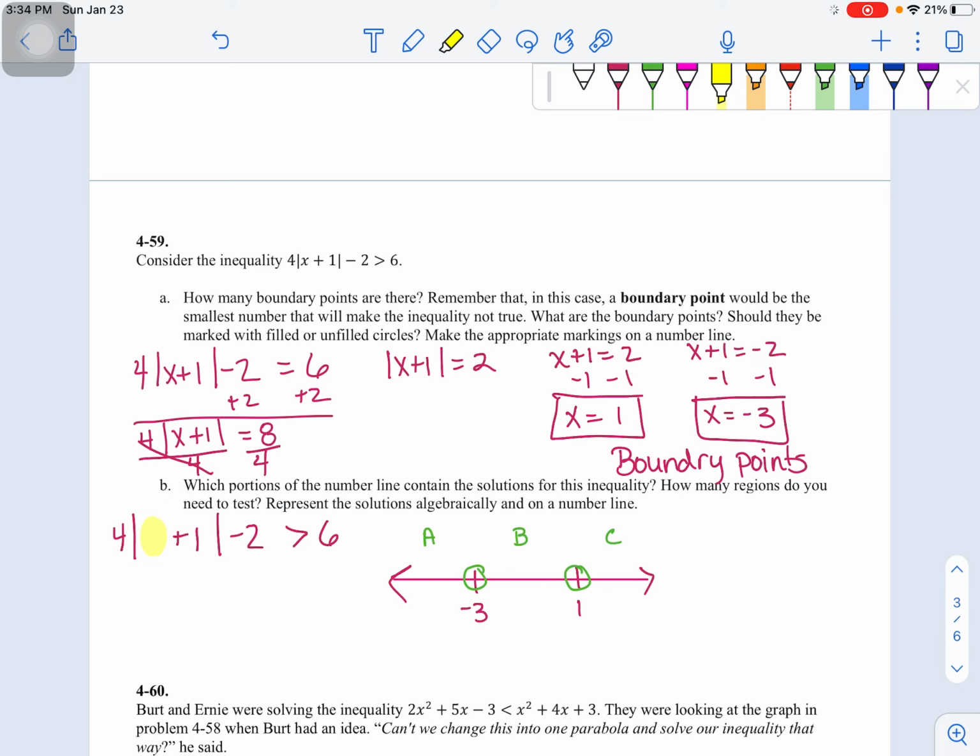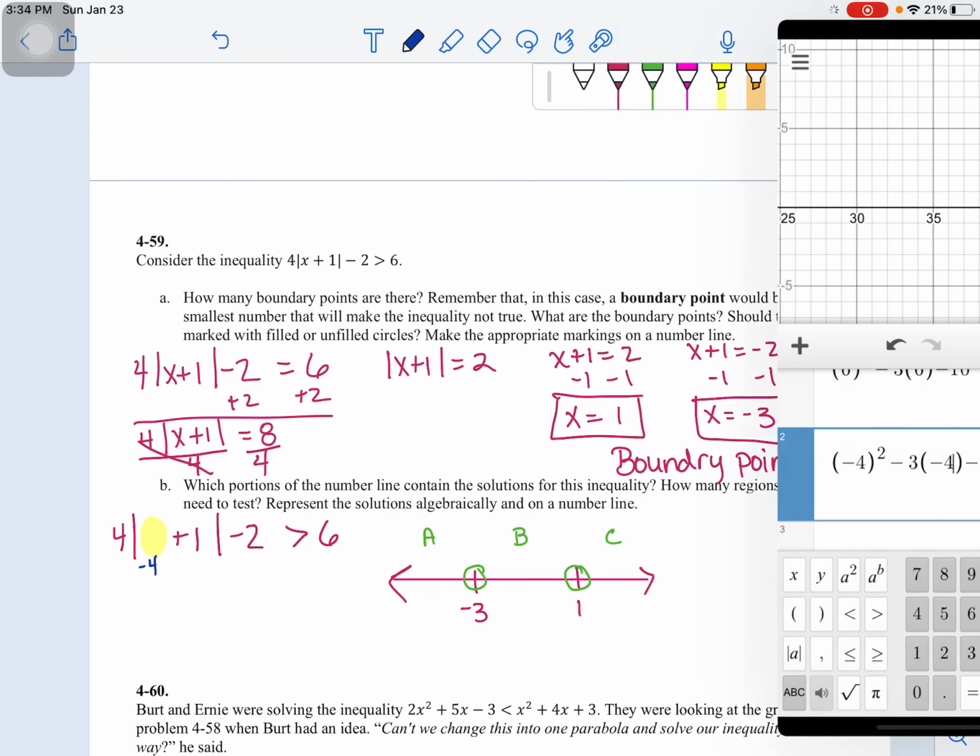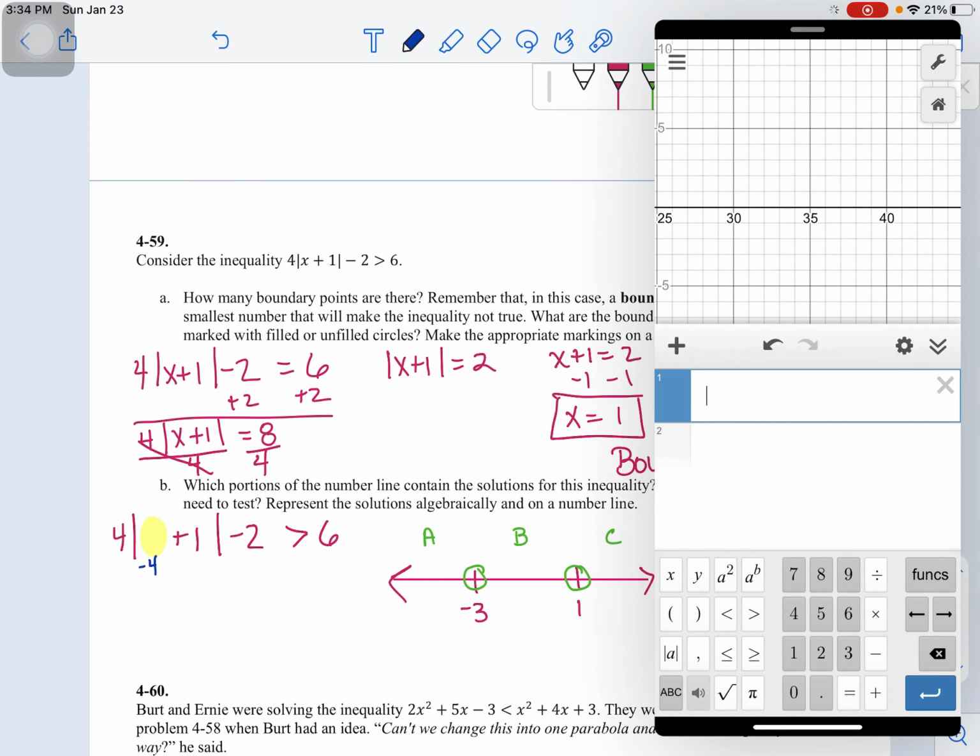All right, so at first I'm going to put in a number from section A. How about we use -4? I'm going to put a -4 in there. Okay, and you can put this into your calculator. I'm pulling up Desmos, but you certainly want to use your graphing calculator to make it a little easier.